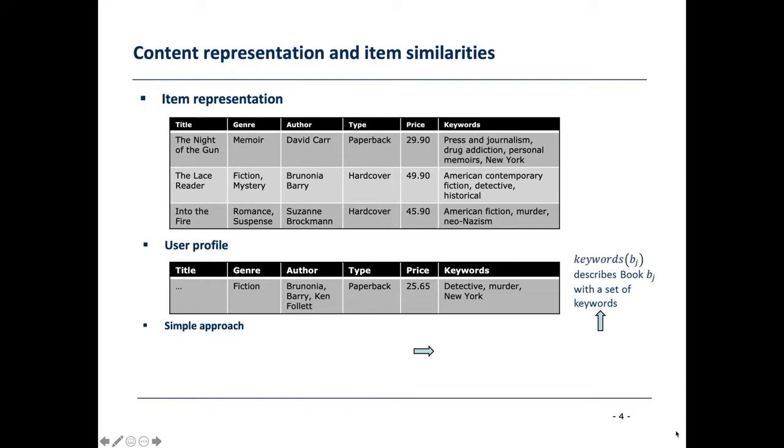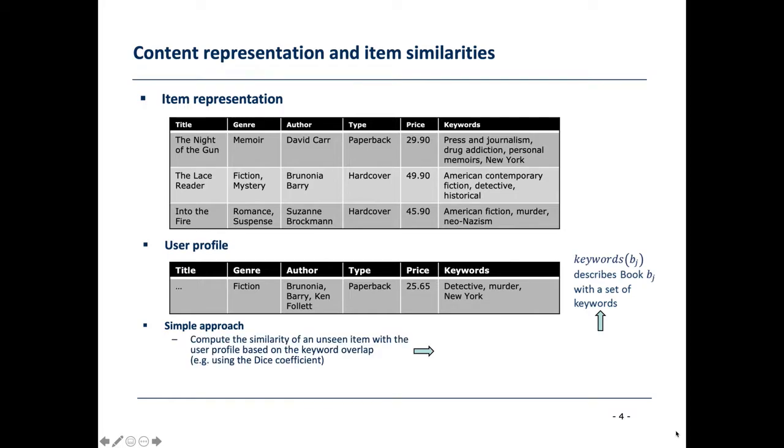If we were analyzing a bookstore, we would be able to get obviously title, genre, author, type, price, and possibly keywords. But then we would also have a user profile, where things like genre, author, paper book, some sort of price sensitivity and keywords might be specified for us.